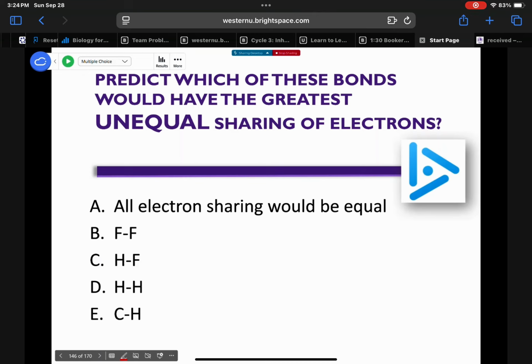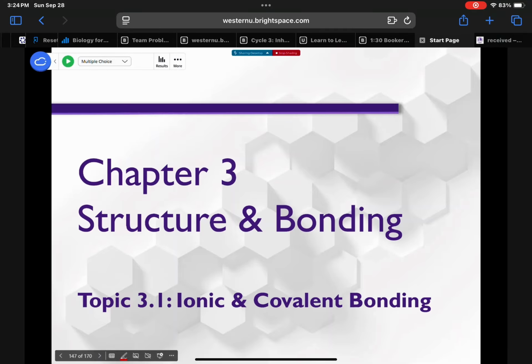Which brings us into our next chapter. We now want to go from learning about atoms, separate entities, and bring them together to form compounds.